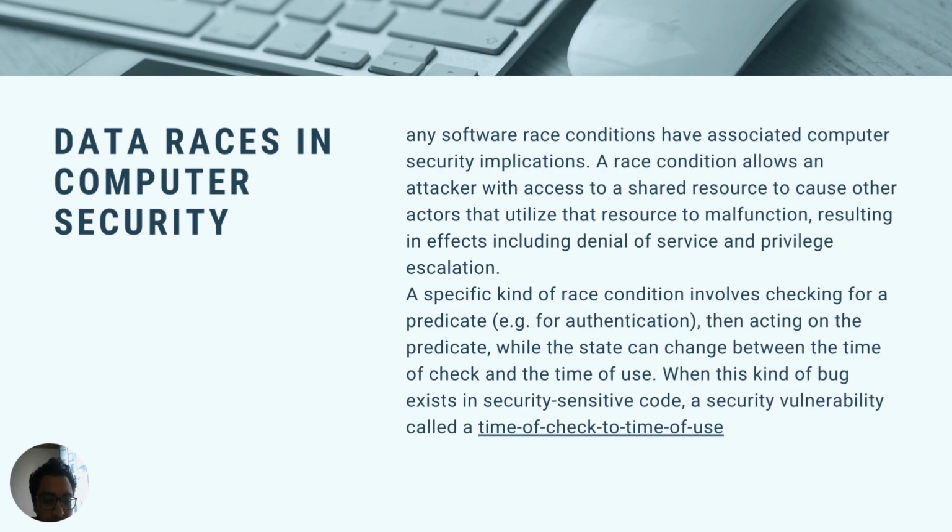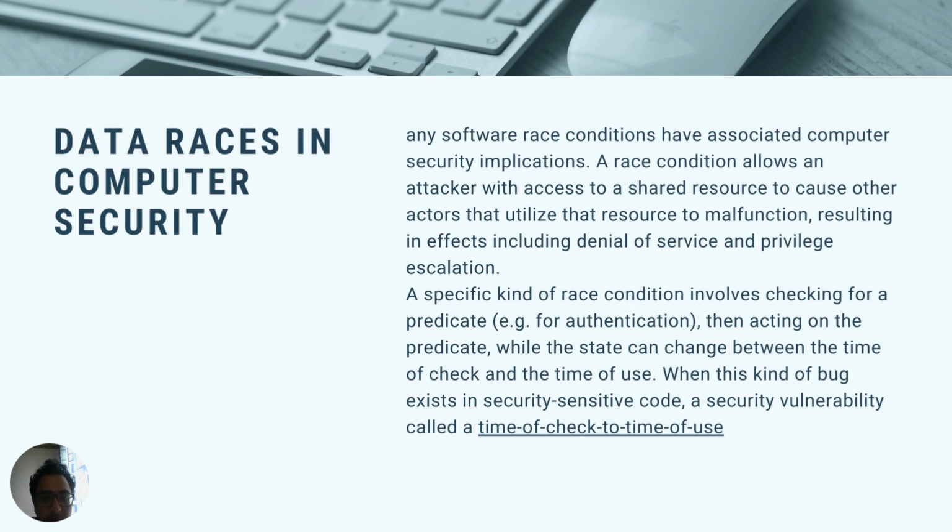So, data races in computer security. Many software race conditions have associated computer security implications. A race condition allows an attacker with access to a shared resource to cause other actors that utilize that resource to malfunction, resulting in effects including denial of service and privilege escalation.